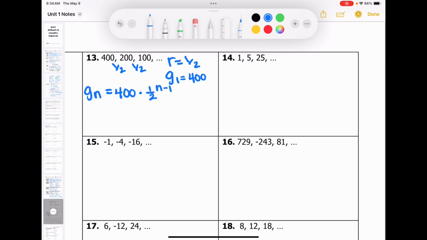So that gives me 400 times 1/2 to the n minus 1 power. And we're still finding the 7th term, so wherever there's an n, I'm going to plug in a 7. Then when I type this in my calculator, I should get 6.25.